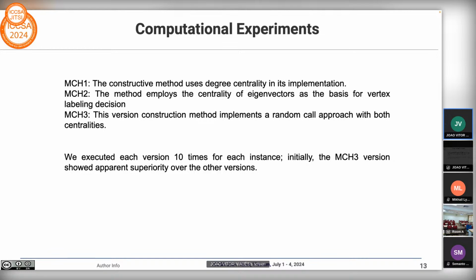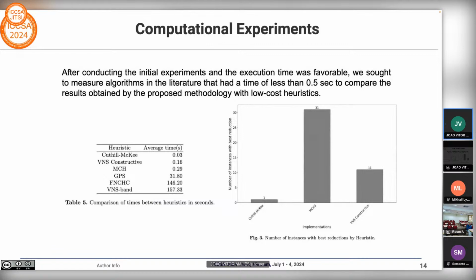Initially, the third version, the multi-centrality version, showed apparent superiority over the other versions. So after conducting the initial experiment, since the execution time was favorable, we sought algorithms in the literature that had a time of less than 0.5 seconds, to compare the results obtained by the proposed methodology with low-cost heuristics.